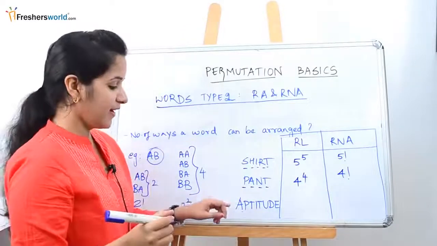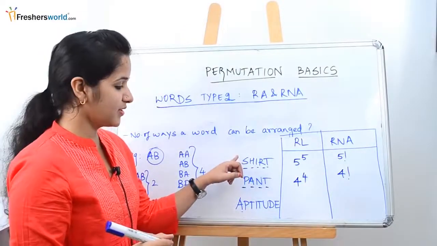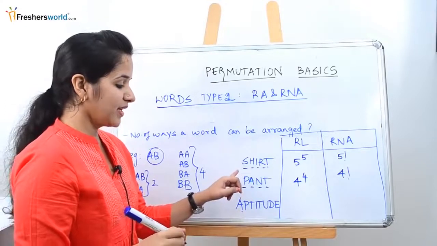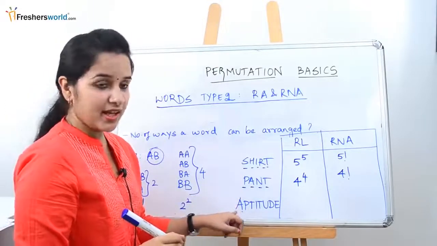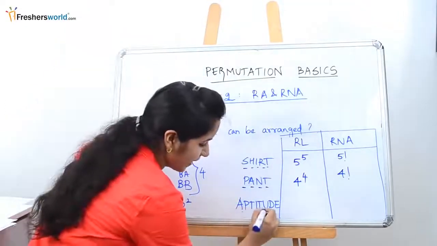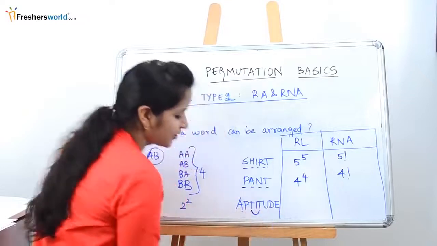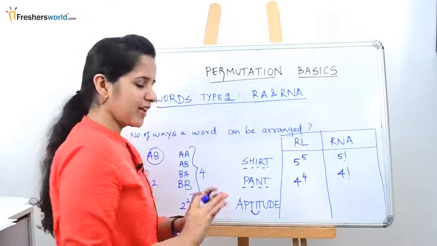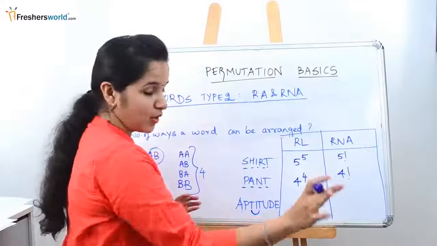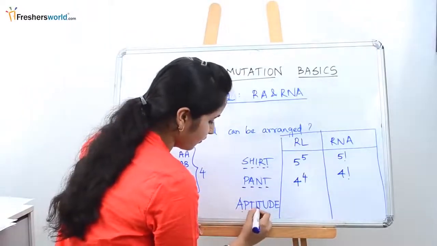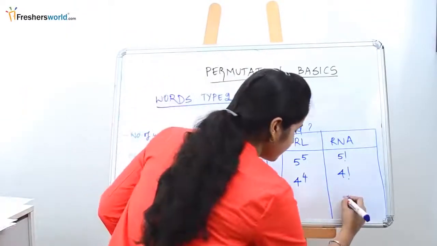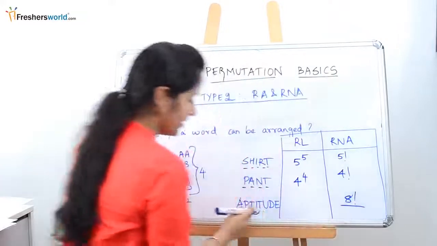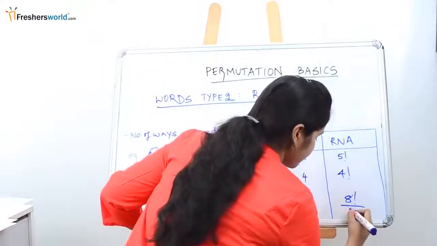Now we don't have repeated letters in shirt and pant. Let's take a repeated letter as an example. In aptitude, you can see T is repeated twice. So, as usual, we count the letters, 1, 2, 3, 4, 5, 6, 7, 8, and divide by the repeated letters.